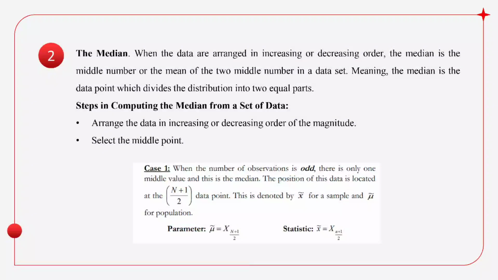Finding the parameter, we have the formula N is equals to x sub (n plus 1)/2. And using the statistic, finding the sample, we have the formula X is equals to x sub (n plus 1)/2.